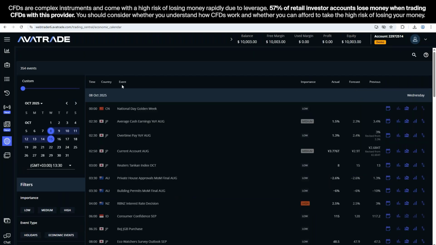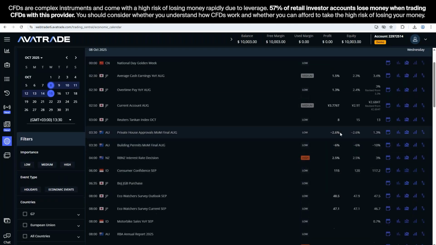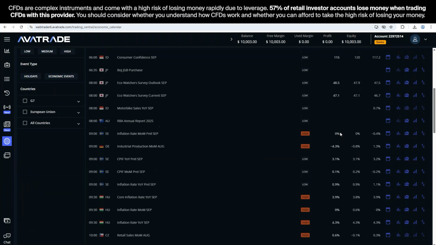We've got the date, the country, the name of the event, how strong we think this will impact the market, and actual, which is the result, forecast and previous. Once we see some numbers on the actual, we know that those events already happened. Otherwise, how would we know the results? We could never know that, right?